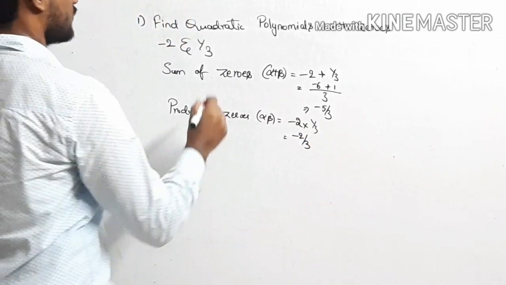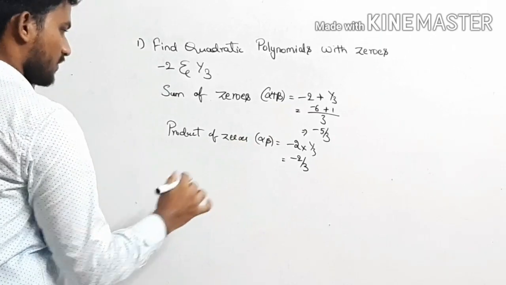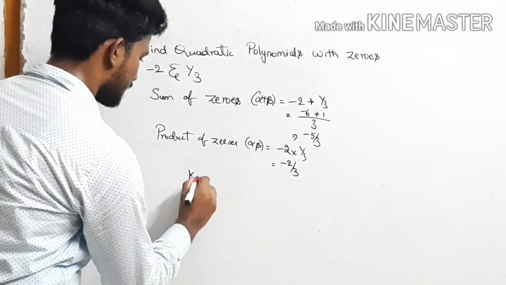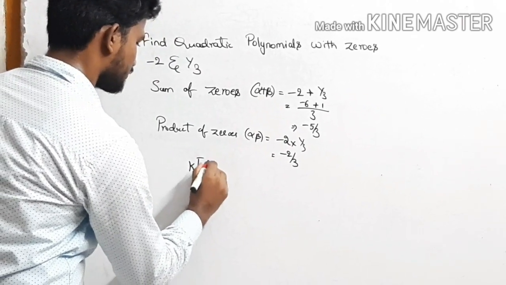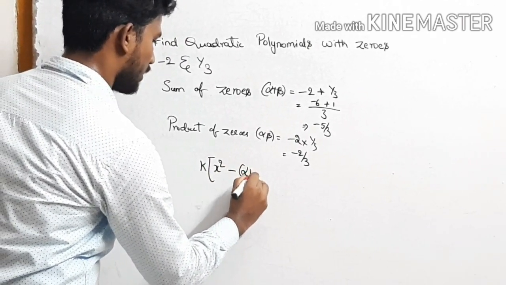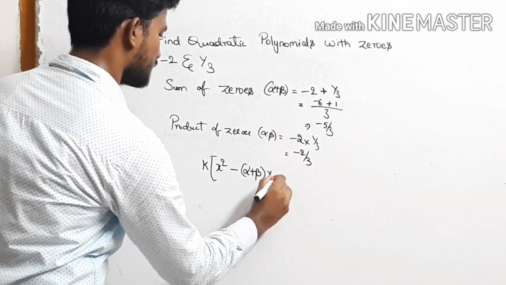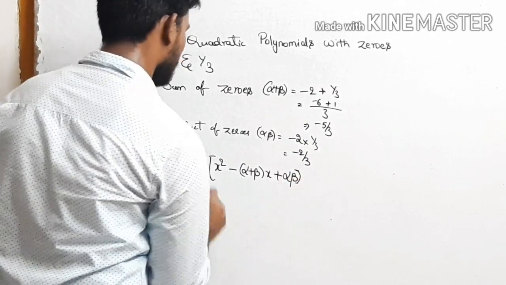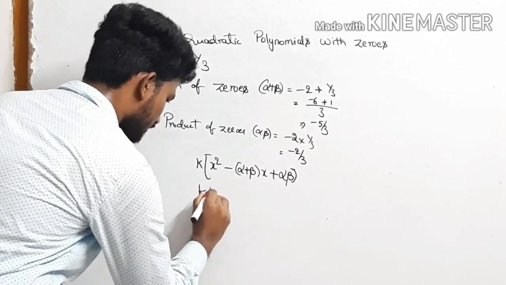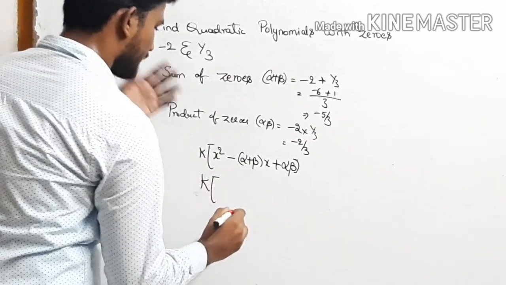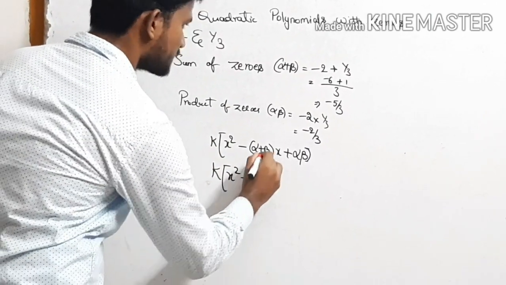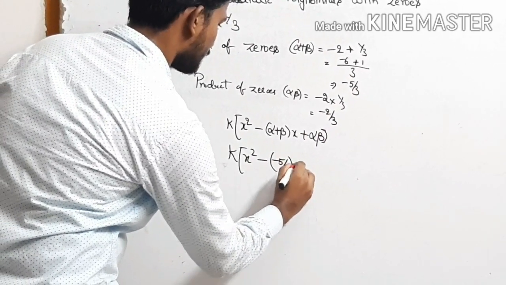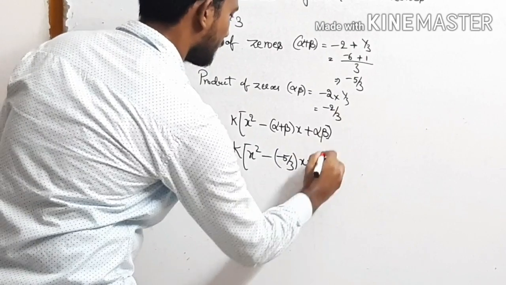Then we have the formula for a quadratic polynomial with given zeros. If they give zeros, then the formula is k into x square minus alpha plus beta into x plus alpha into beta, where k is the constant term. First put k into x square minus alpha plus beta, which is minus 5 by 3, into x plus alpha into beta, which is minus 2 by 3.